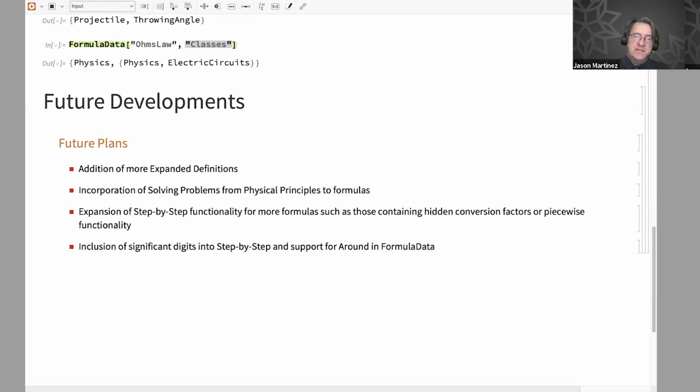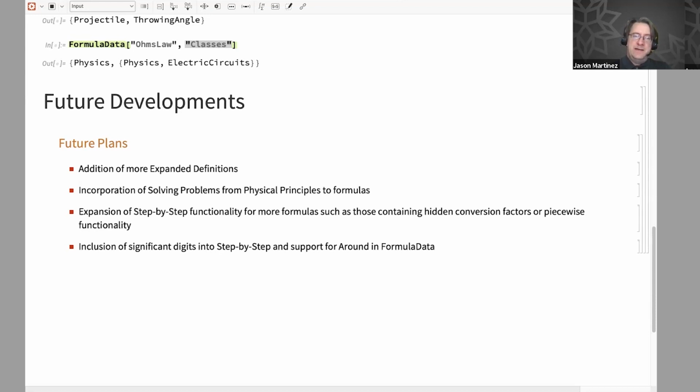We're also incorporating the code that Daniele showed for solving these problems from physical principles into the formulas. So you should expect to see that in several months.